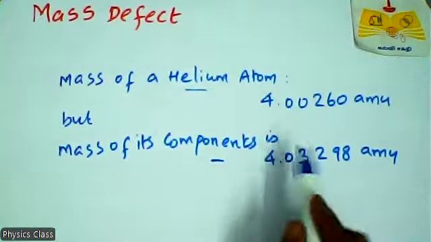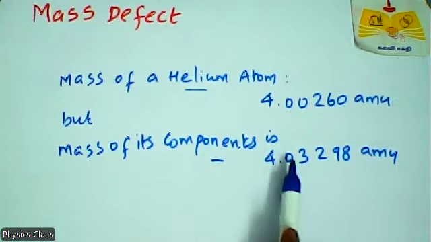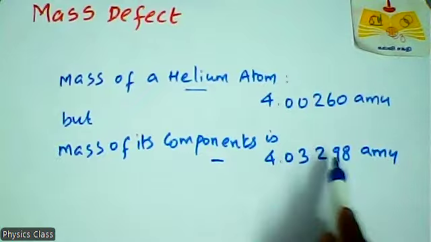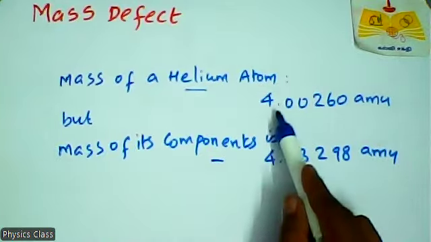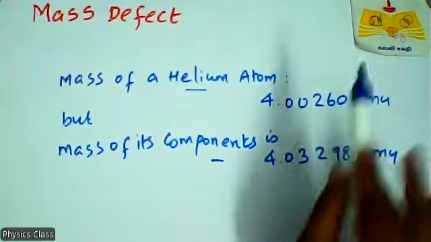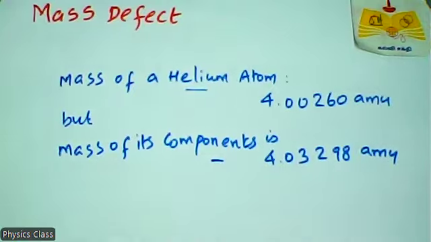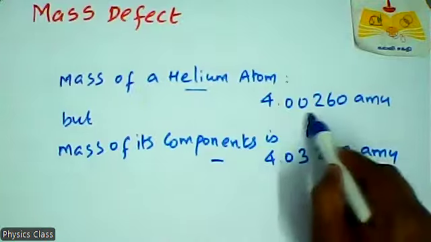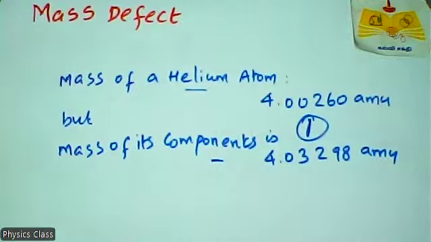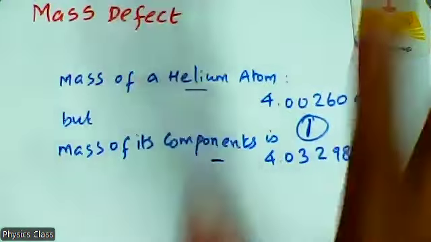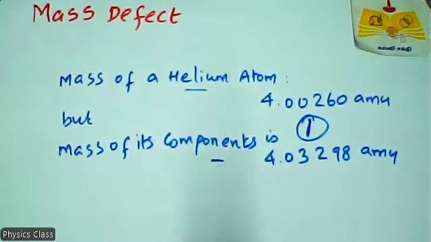You can see that there is a difference: 4.03298, but the atom is only 4.00260 AMU. So the difference in these values is the mass defect. This is the concept of mass defect.